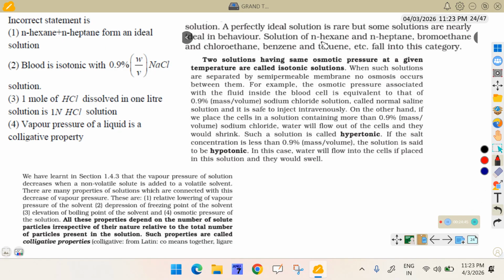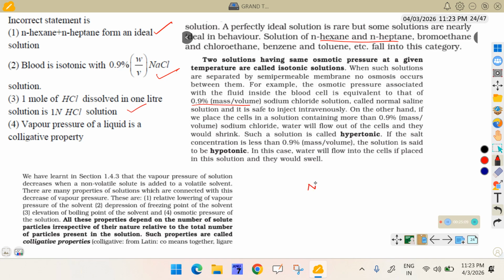n-hexane and n-heptane are examples of an ideal solution. Correct. Blood is isotonic with a 0.9% weight by volume NaCl solution. Correct. 1 mole of HCl dissolved in 1 liter of solution is 1 normal HCl. This is also correct. Why?